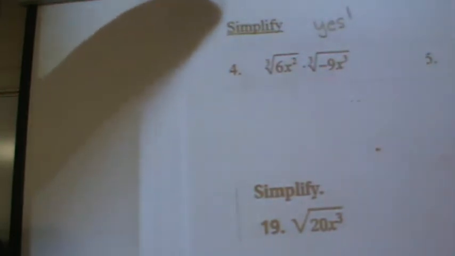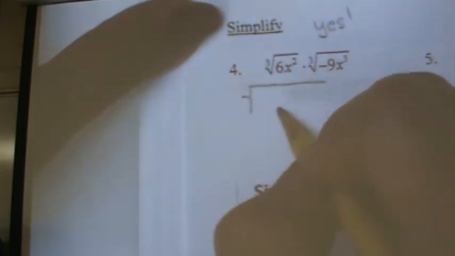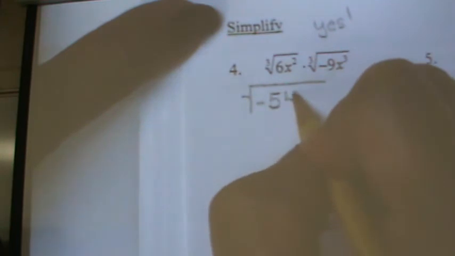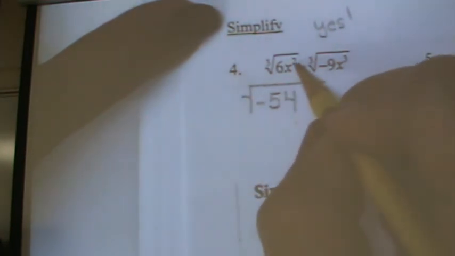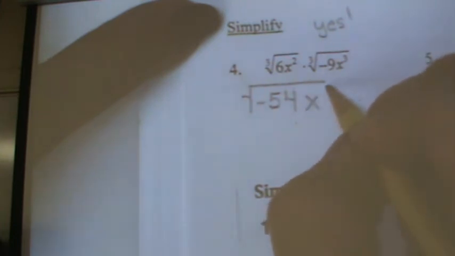Yes, we can do it. What is 6 times negative 9? Negative 54. And how many x's do we have? We have 2 here and we have 3 here. How many total? 5.